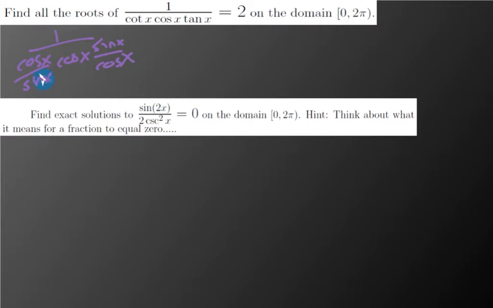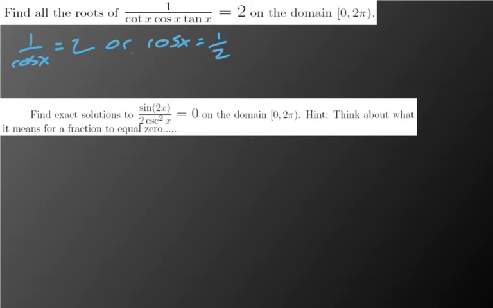So this part and this part would actually just cancel off, right? Because the cosine and the cosine, the sine and the sine. And so this whole big thing right here will actually just simplify fully to 1 over cosine equals 2, I should say, or cosine of x equals a half, right?